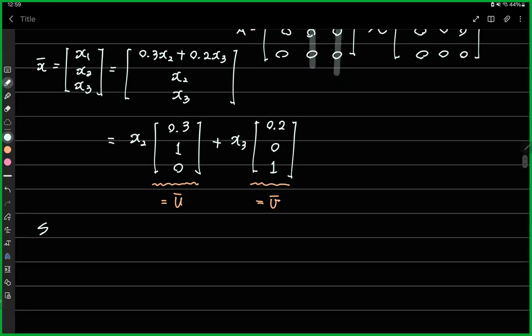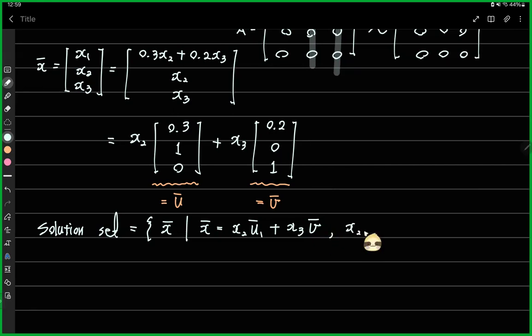So the solution set is going to be, using set notation, the set of x bar such that x bar is equal to x2 times vector u plus x3 times vector v, where x2 and x3 are in the set of real numbers.